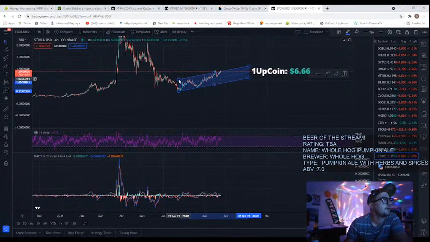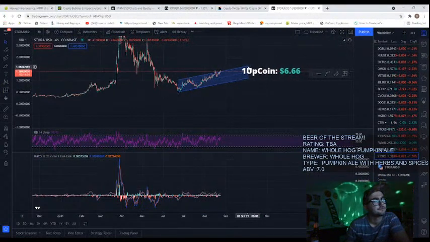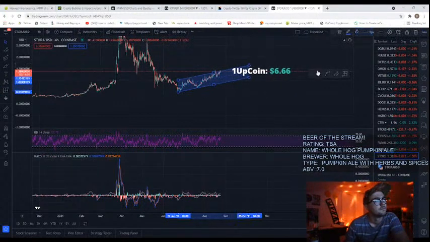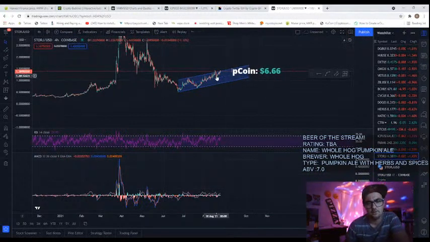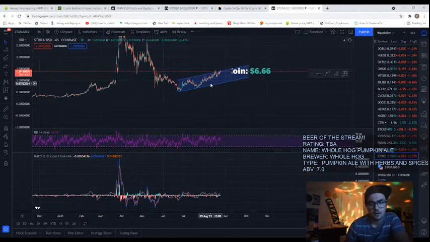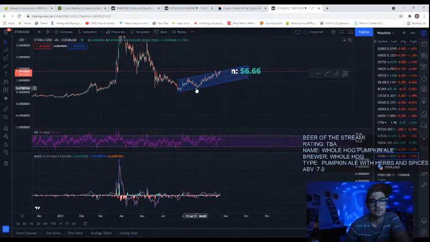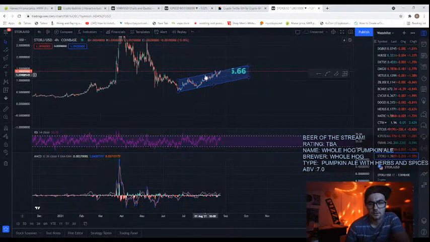Okay, so from low to high, we place this channel. You can see that we're, you know, on the upside of the heart line of the channel. So the middle is the heart line, okay? And the bottom of the channel is where one could take a trade. And then one could take profit at the top of the channel if you were looking locally.